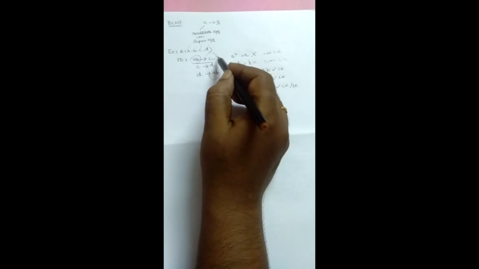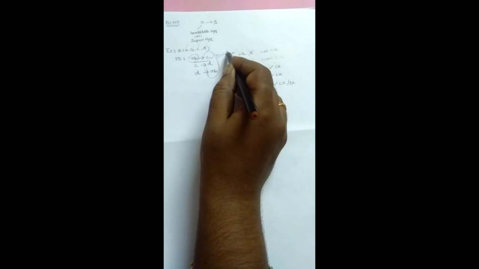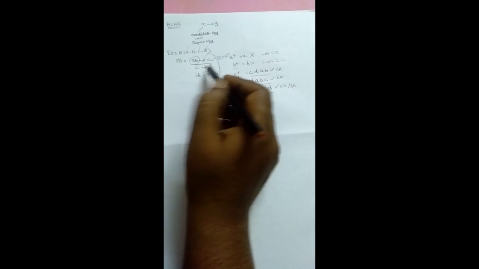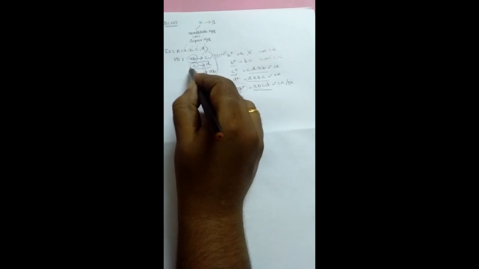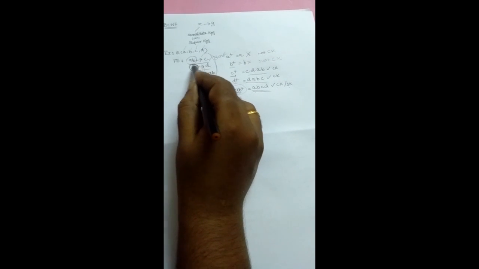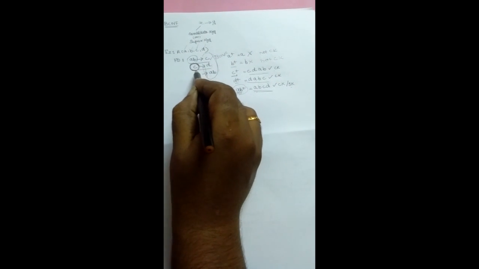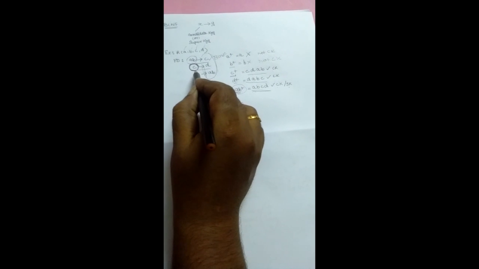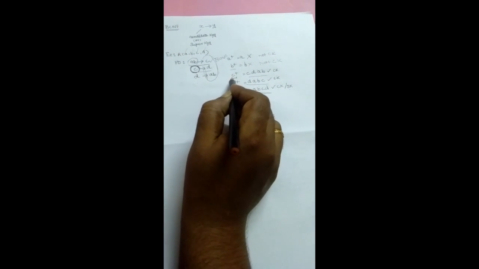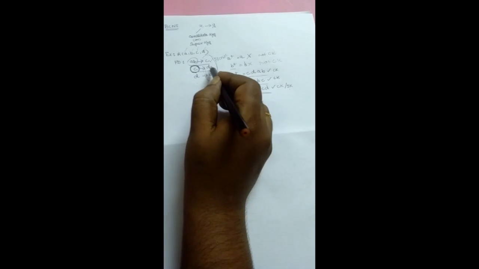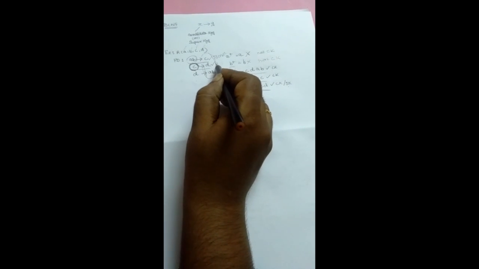Therefore, this functional dependency satisfies BCNF. Okay. Now, you consider the second functional dependency. Now, we find out whether the left hand side part contains a super key or candidate key. C is the candidate key. Therefore, this functional dependency also satisfies BCNF.